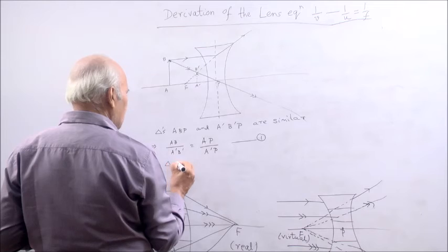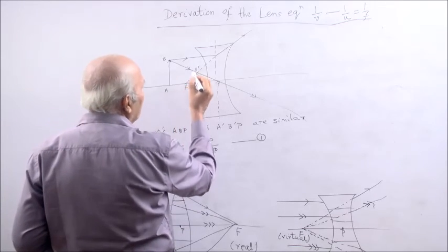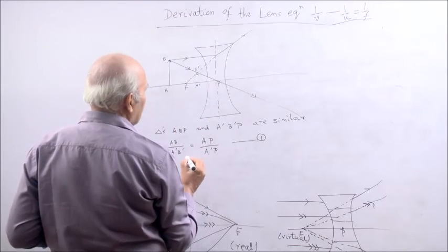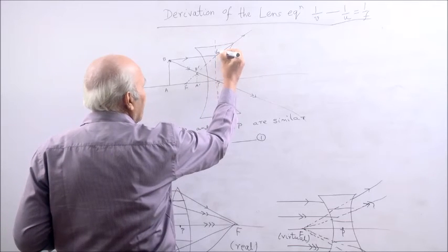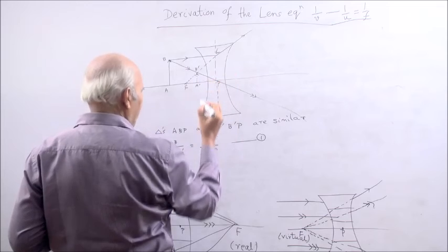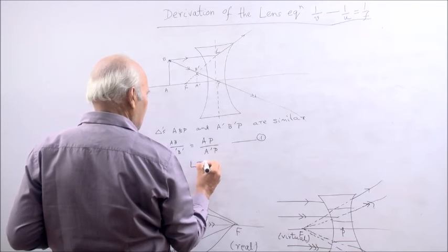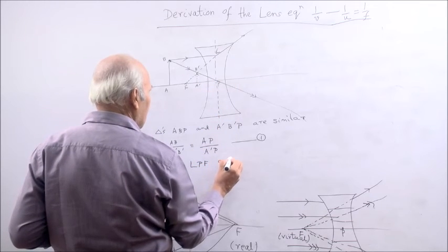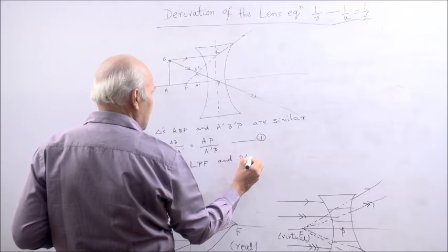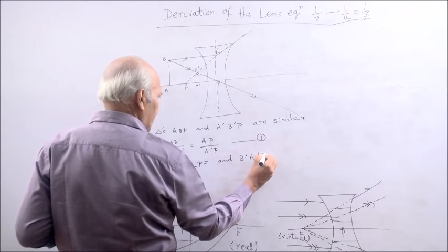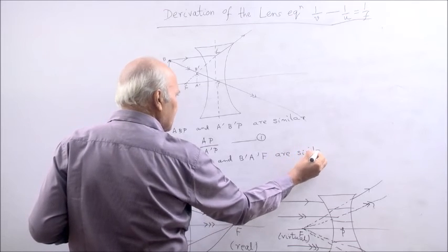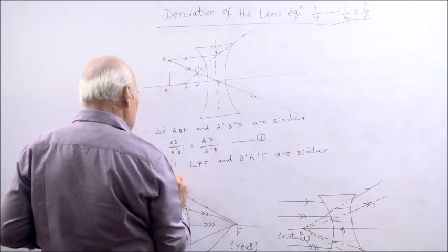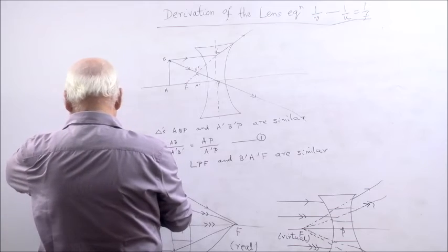Then you choose another triangle, two triangles with F, like suppose this point is L. So, LPF and B dash A dash F are similar, similarly, just like three angles. So, what are the ratio?